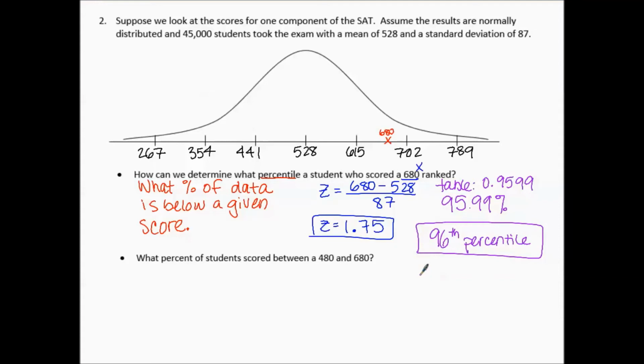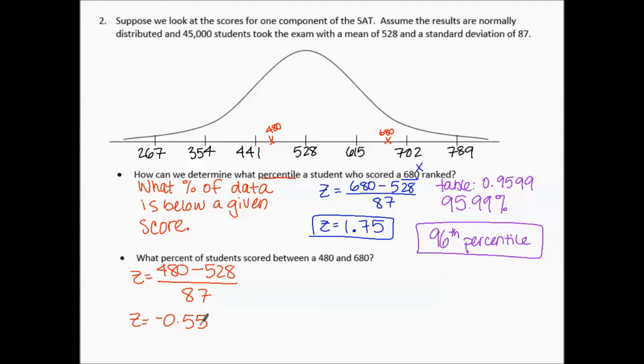The next question asks, what percent of students scored between a 480 and a 680? Well, 480 would be about here. So we need to find the z-score for 480. So if we have 480 minus the mean, which is 528, divided by the standard deviation, which is 87, we get that the z-score is negative 0.55.